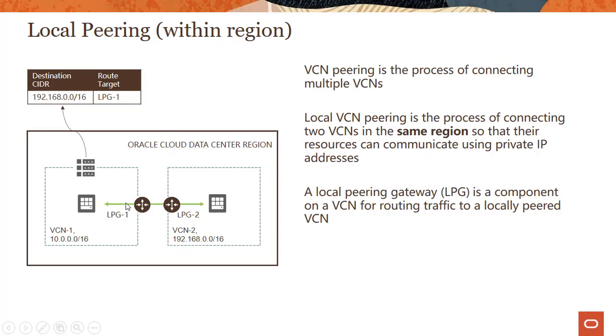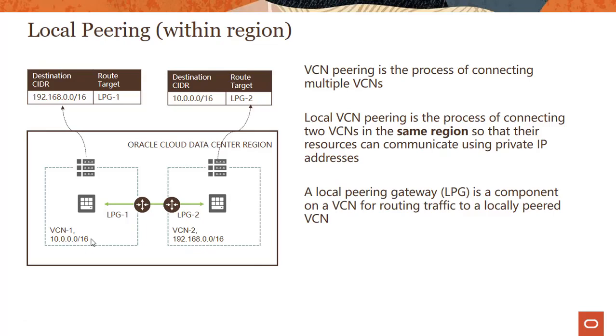So for the local peering gateway on this VCN, the target is 192.168/16, so all the packets go there. And for the other VCN and its local peering gateway, the address is 10.0/16, so that traffic goes onto the other VCN.